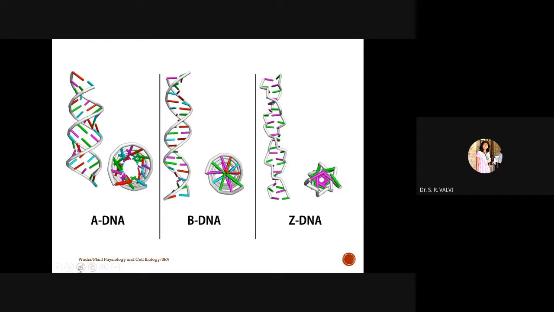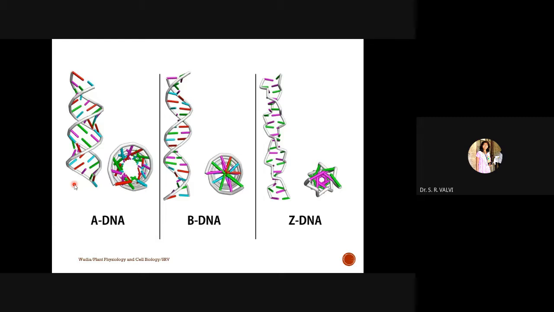So let me take this pointer. Here you can see this is right handed. These are moving right handedly. If you take your right hand and just move it, likewise these two strands of DNA are moving in a right handed manner.